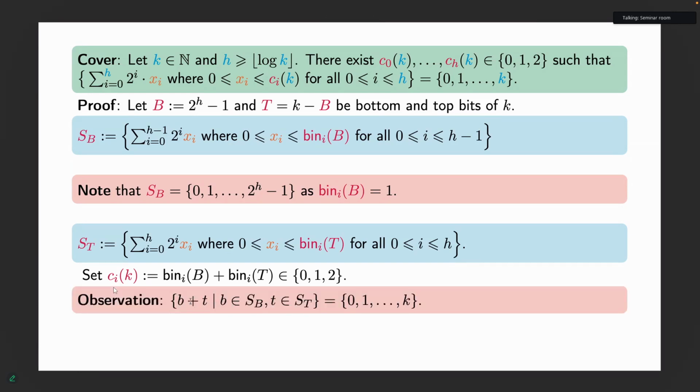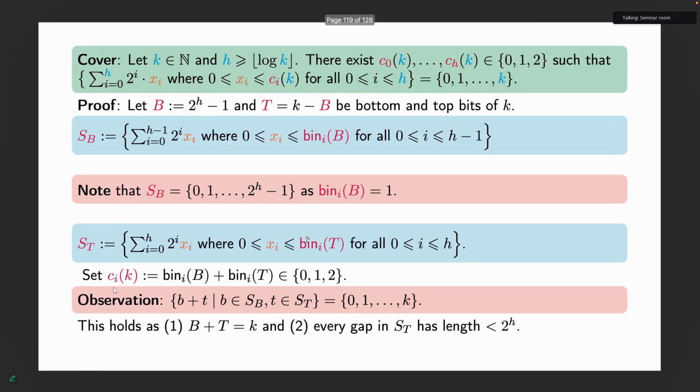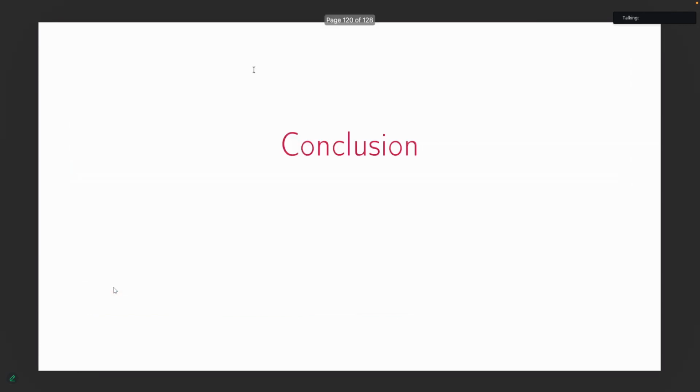And what you need to observe is that I add these two numbers, and these give all the numbers between 0 and k, because the sum of B plus T is k. And if you look at S_T, then the maximum gap is smaller than 2 to the h. And because h is larger than log k, this will hold.